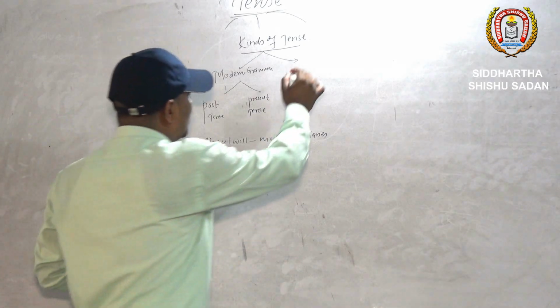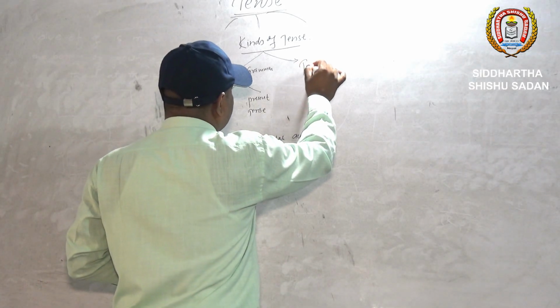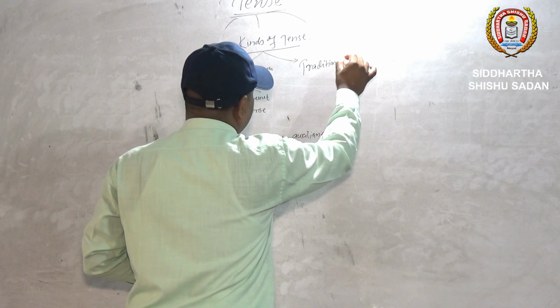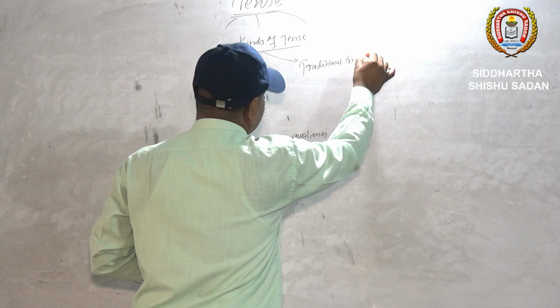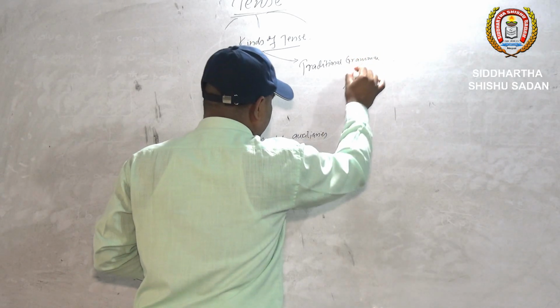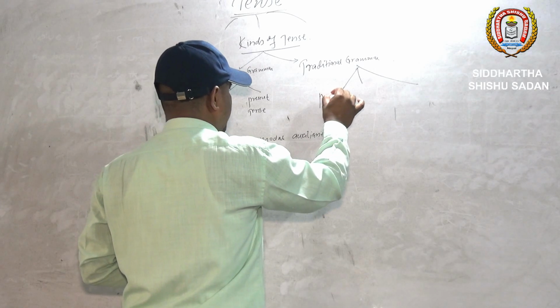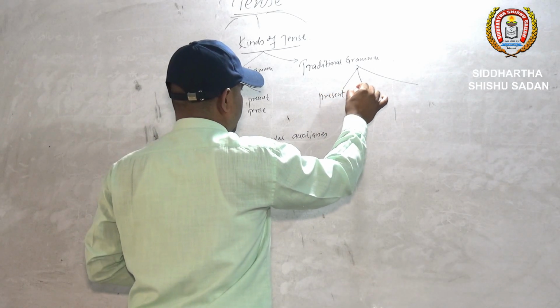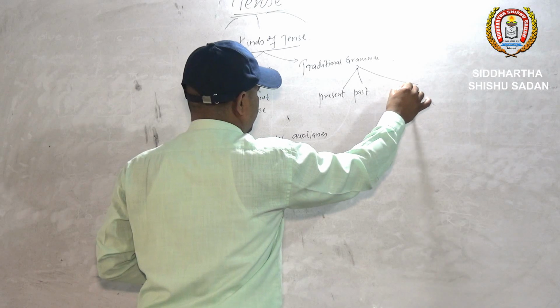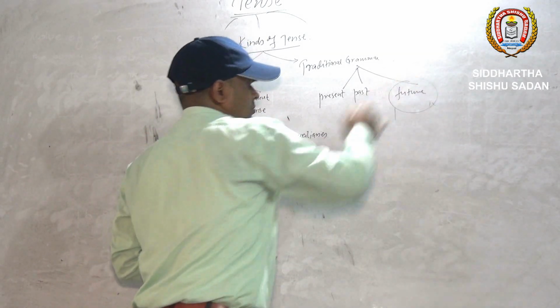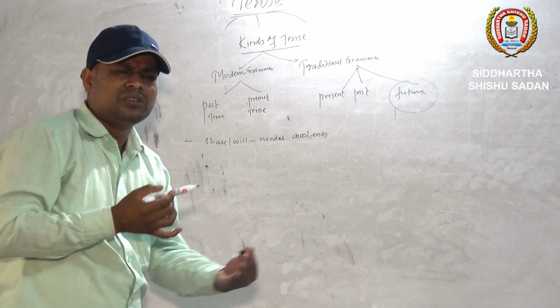So according to traditional grammar and grammarians, we read there are three types of tense: present tense, past tense, and future tense. Still we read about future tense.